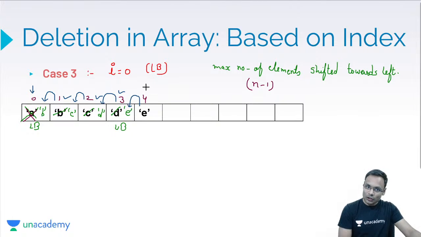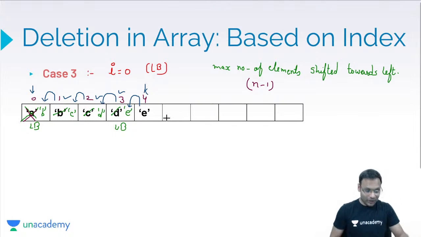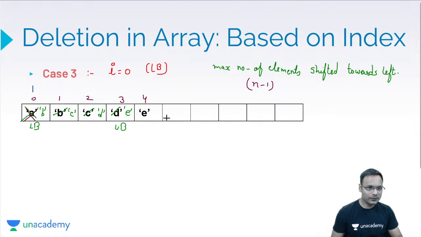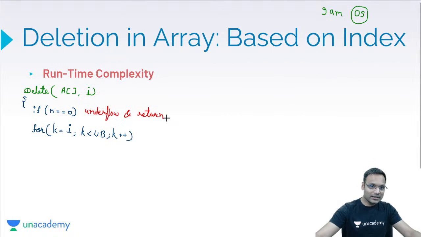Should k value be equal to upper bound? Not needed, because there is no next element. So I will run the loop till k less than upper bound. So k equals I, k less than upper bound, and under the loop, in the array at index k, I copy the content from k plus 1.